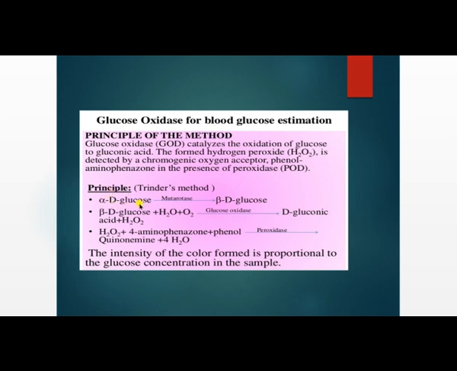You can see here this reaction: alpha-D-glucose in the presence of mutarotase enzyme converts into beta-D-glucose. This is the first conversion.